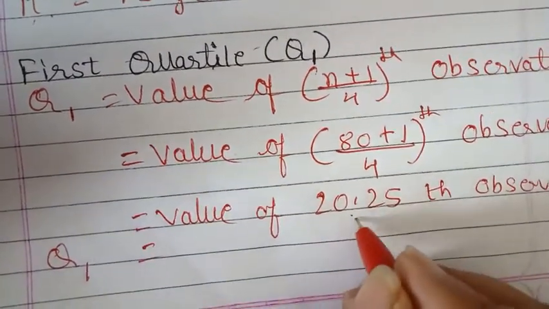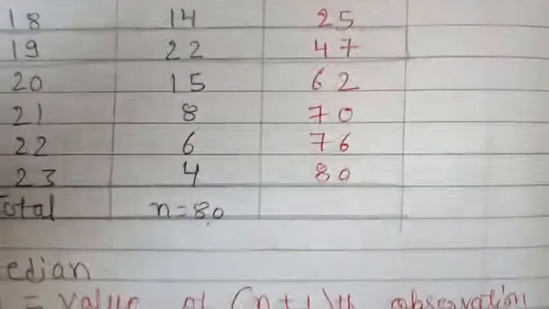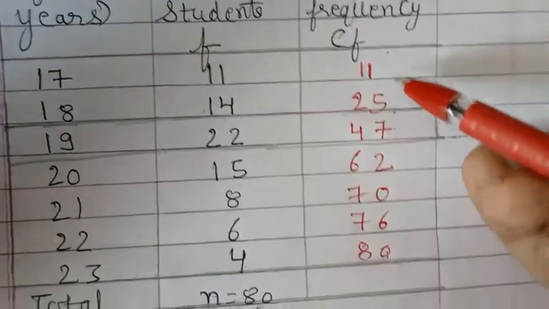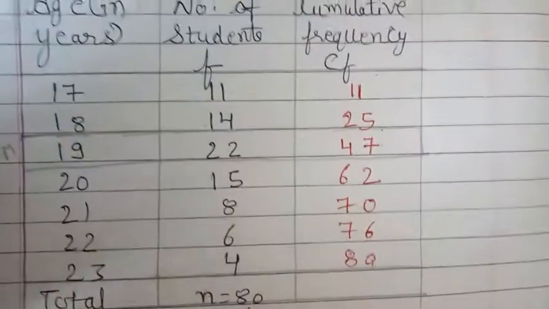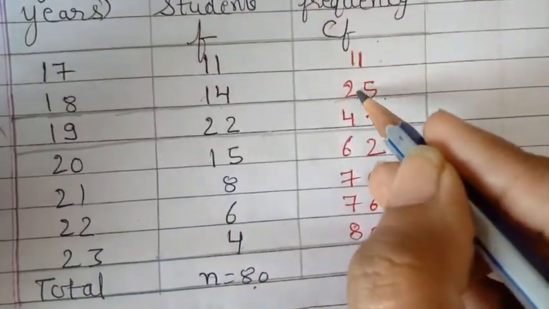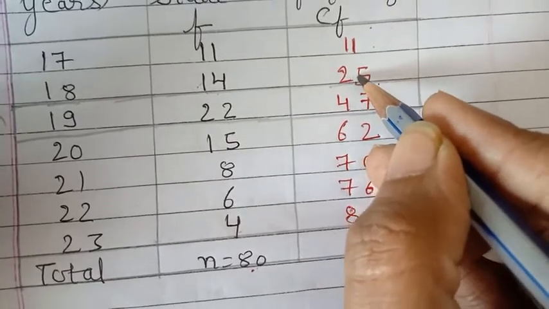Now we have to refer to the CF column for this. Now the 20.25th observation, as you can see, is in the second row.